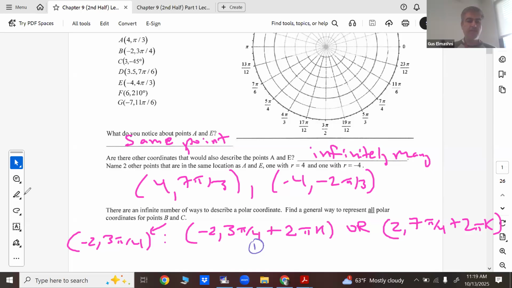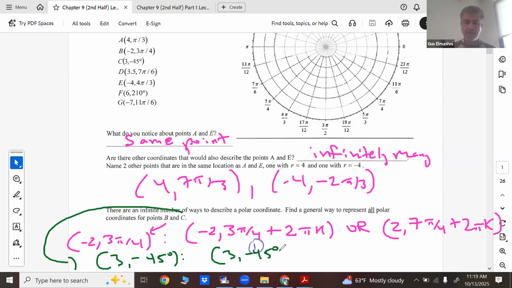For point C, let's switch colors for a bit of contrast. So point C, we're at 3 comma negative 45 degrees. Usually I like to stick with radians, but we'll work with degrees here. It's okay. So I'll say 3 comma, but keep it in degrees, negative 45 degrees plus what? Yeah, 360k.